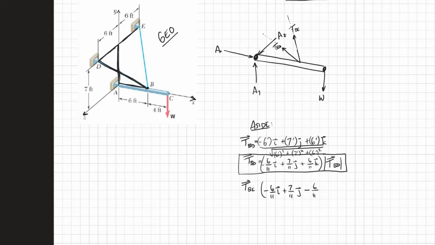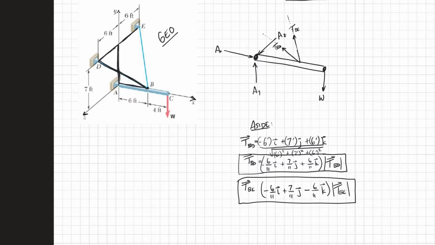That's TBE, okay? And so this is an aside, and now everything is in x, y, or z format. Okay, so that makes things a lot easier. So I like to just kind of get that out of the way real quick.